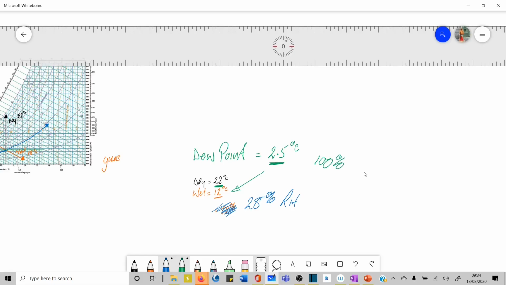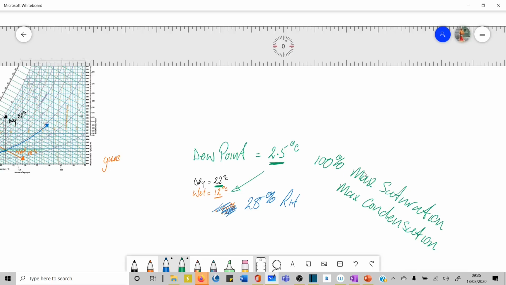So we would have maximum saturation, or maximum condensation. What it would mean at 2.5 degrees is the dry air would be at absolute maximum condensation. In other words, it can't hold any more moisture or water vapor at all.